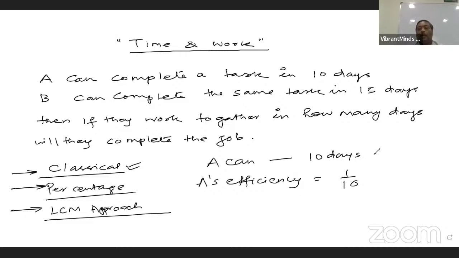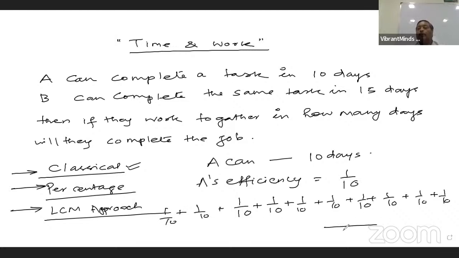Now how are we going to do this? On day 1 he will complete 1/10 of the task. On day 2 he will complete 1/10. On day 3, 1/10. On day 4, 1/10. And on day 5, 1/10. And it will go on and on for how many days? 10 days.